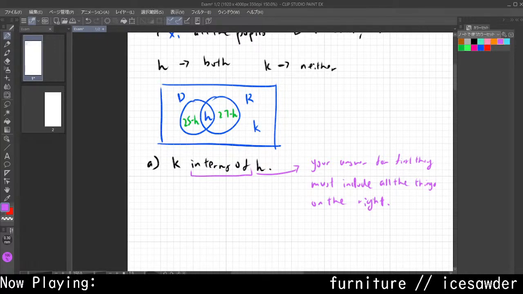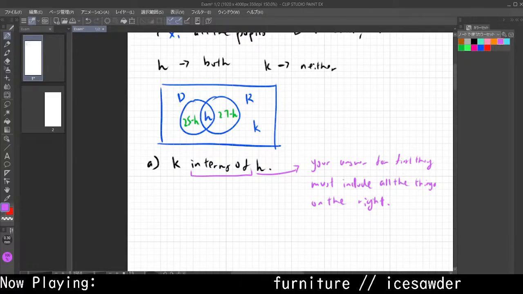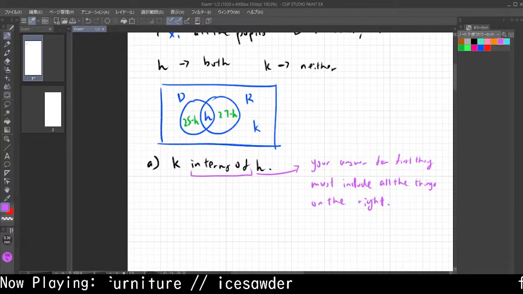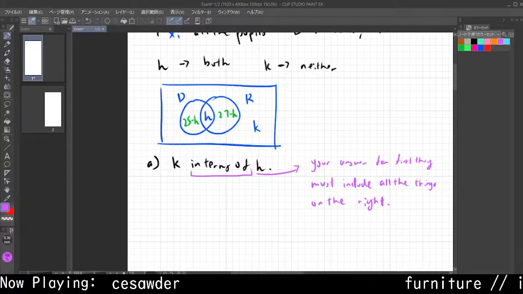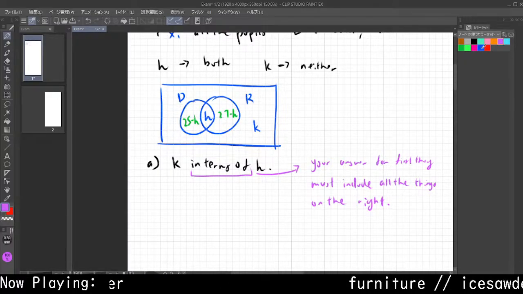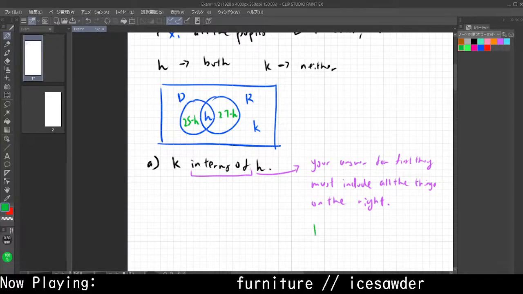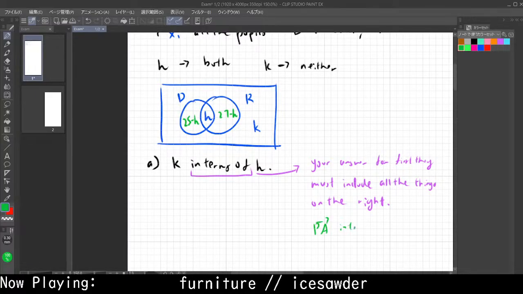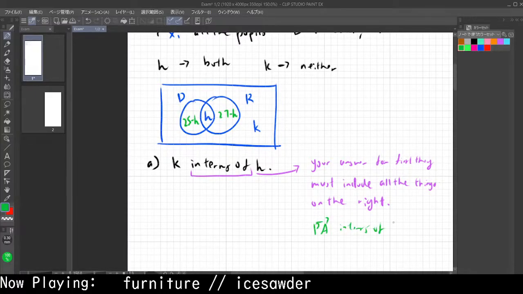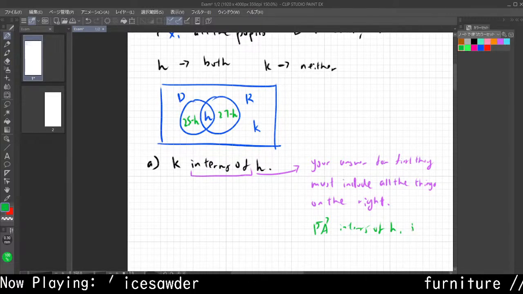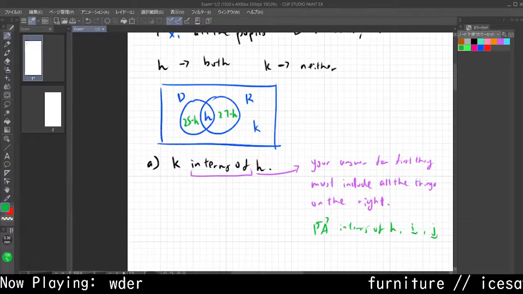I say all the things because you can have a number of things that the question would want you to represent. So let's say in terms of vectors, you might encounter questions that say, express PA in terms of h, x, y, or h, i, and j, stuff like that.